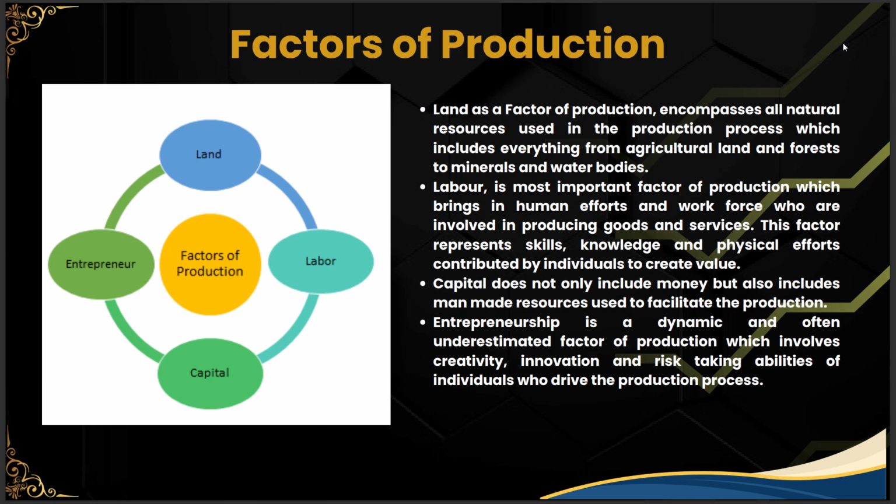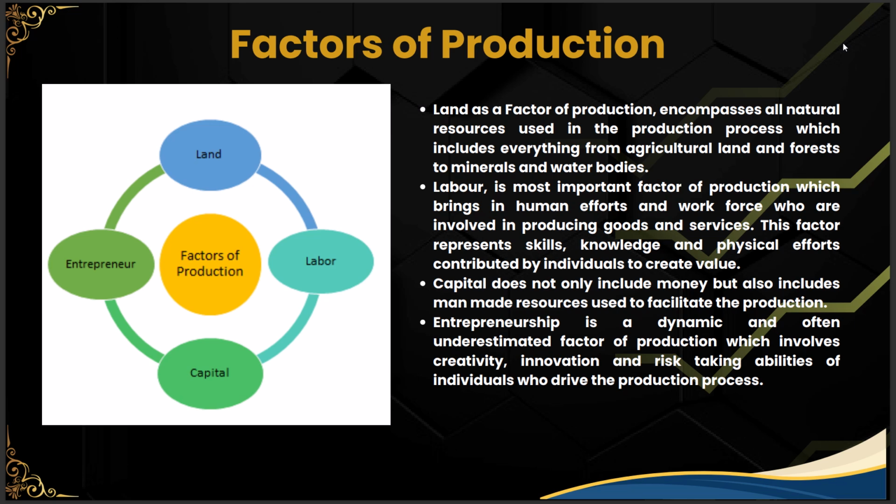Next, let's get into the factors of production. See, the concept of factors of production refers to the resources and inputs used to produce goods and services in an economy, which can be divided into four categories: land, labor, capital, entrepreneurship. Land is very important for production.